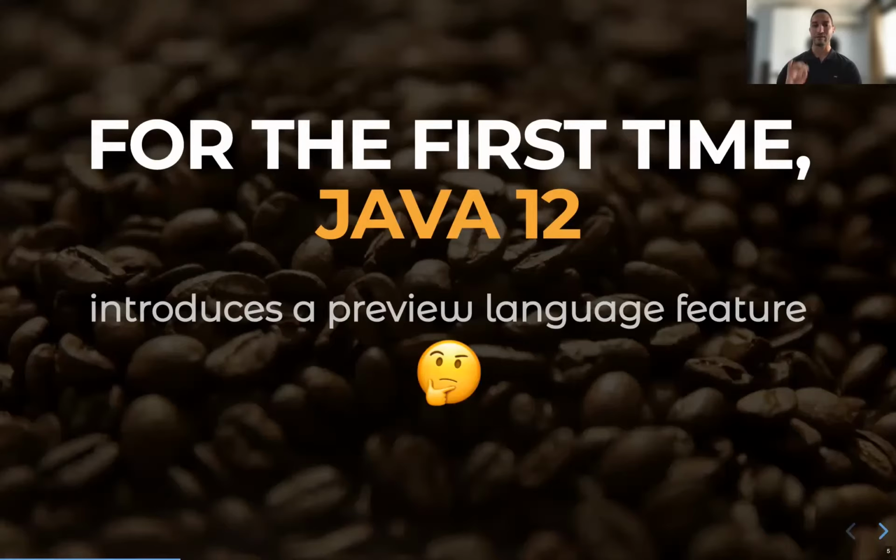Also, starting from Java 12, we start to introduce something called preview features. Most of you know about it. It's an opportunity to say, hey guys, we see that this feature is very handy, but I'm not finished. Why? Because we learned over time that feedback from the community is very important, and it should get back faster to the engineering team at Oracle who are working on the JDK. It gives them an overview of how people would like to have the JDK.